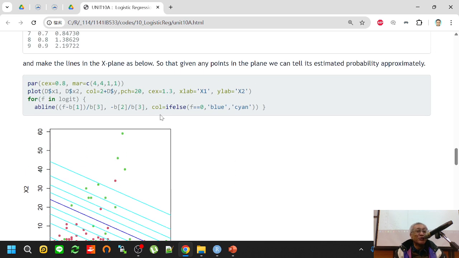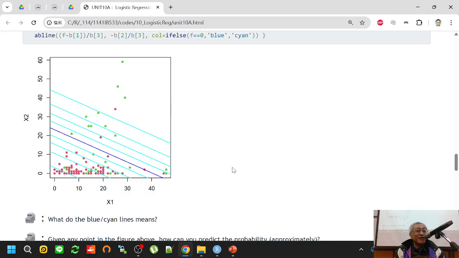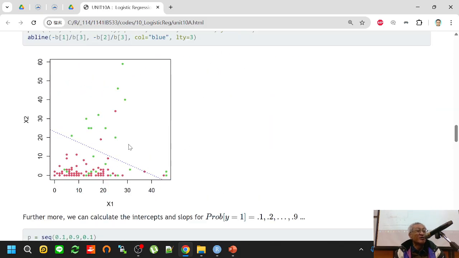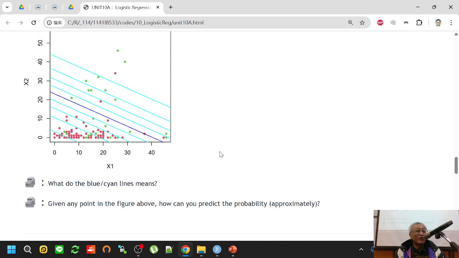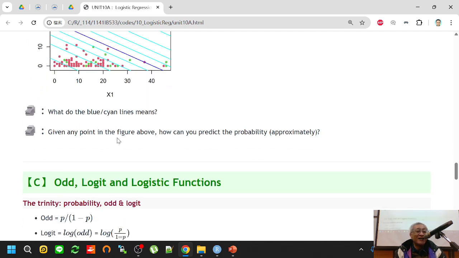I don't have time to go through the code thoroughly, but it is actually a very good practice if you really want to understand the mathematics underlying logistic regression, right? If you can draw this line, then you have a very good understanding of the mathematics under logistic regression.